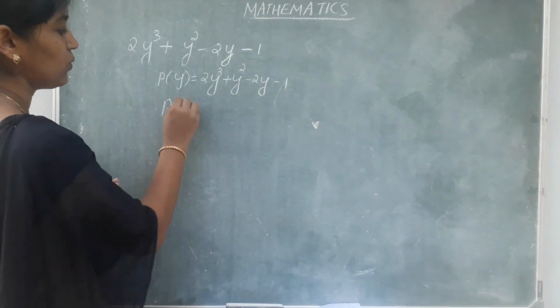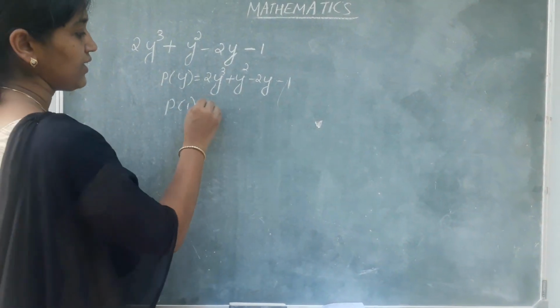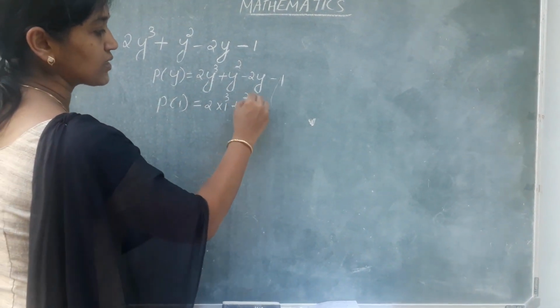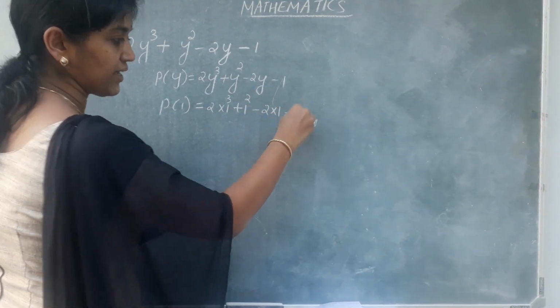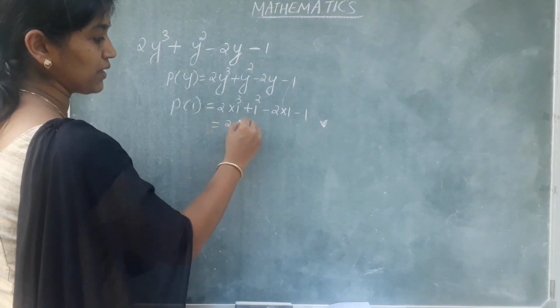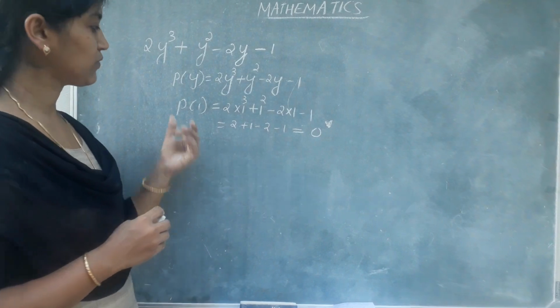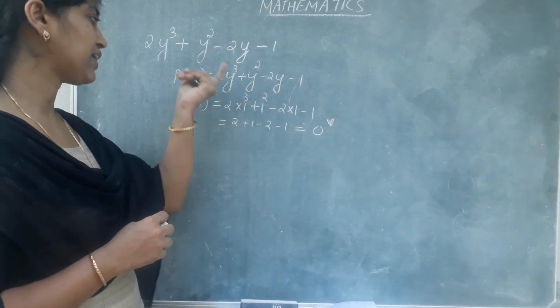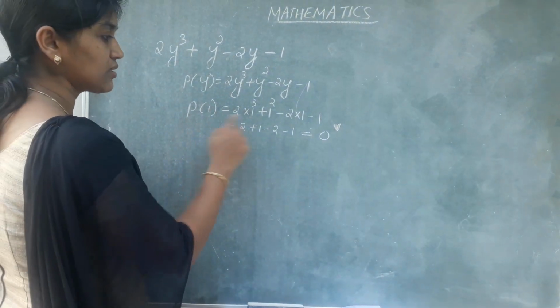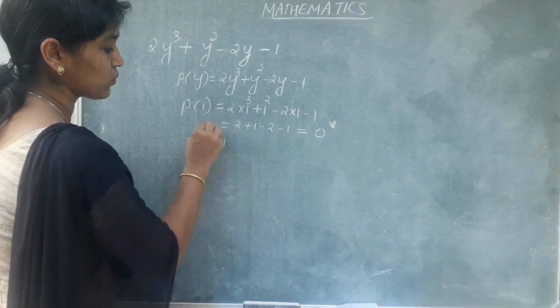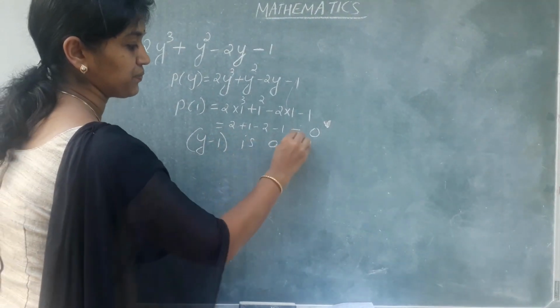So we will check with p of 1, and we get 2 into 1 cube plus 1 square minus 2 into 1 minus 1. So we get 2 plus 1 minus 2 minus 1, which is 0. We know if you get 0, you can find a factor. Here p of 1 is equal to 0. So by the factor theorem we can say y minus 1 is a factor.